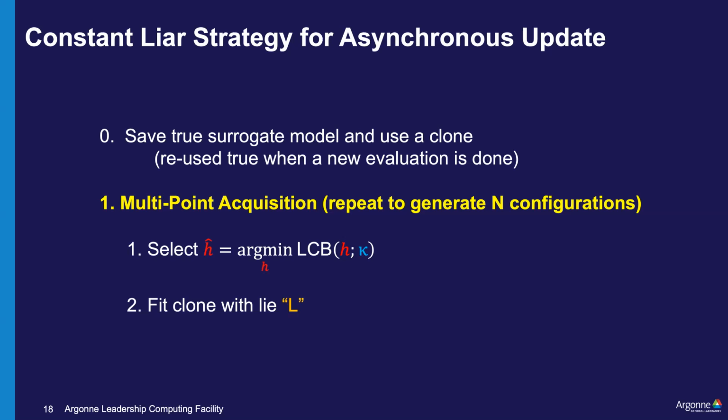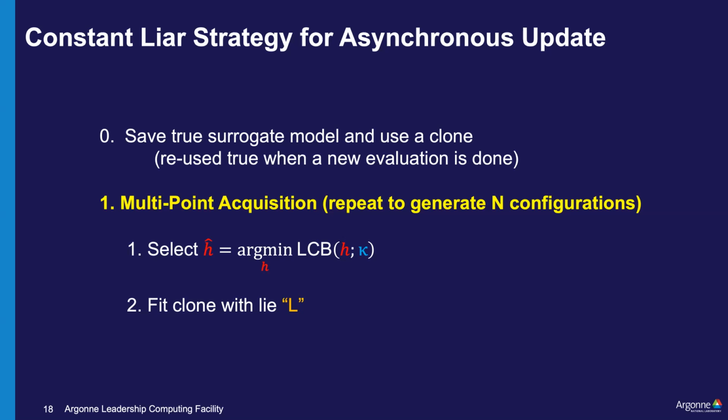The first thing to do in this strategy is to save the true surrogate model. The true surrogate model is the one fitted on real data, and keep it somewhere until we have new evaluations done. Now you want to generate n configurations. You will use a cloned model and you will sample one point at a time.